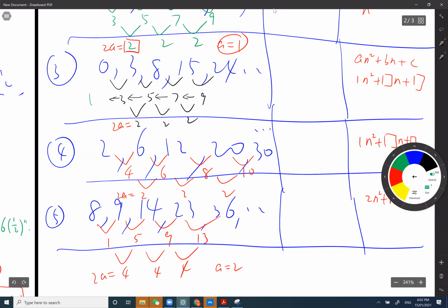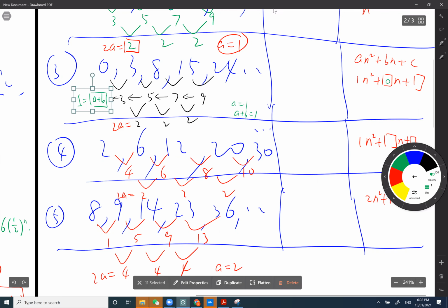This previous one is just a plus b. In this question, a equals 1 and a plus b is 1, so b is 0.